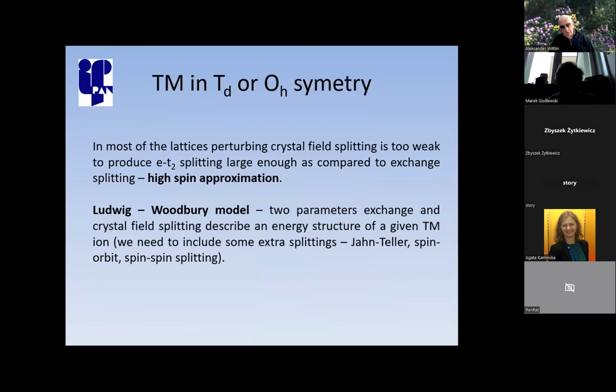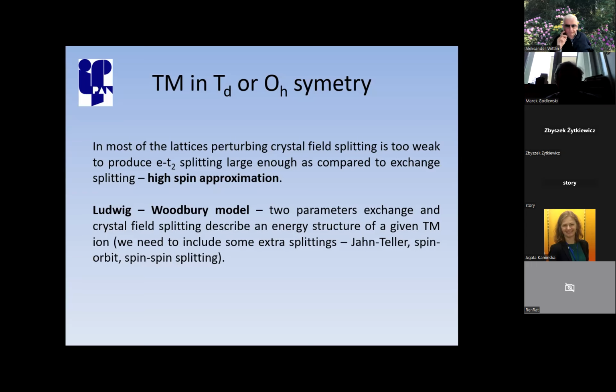And this was the basis of how they described the ions. And they say that we have large exchange splitting and much smaller crystal field splitting. So this case is called the high spin approximation. Now we know that there are some cases where this approximation is not working, but I'll continue with this idea of high spin approximation.